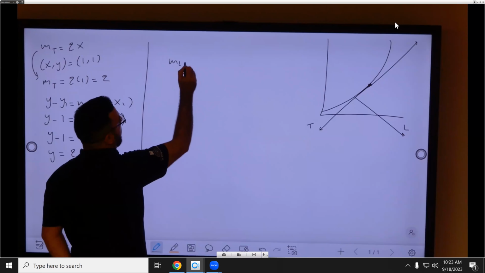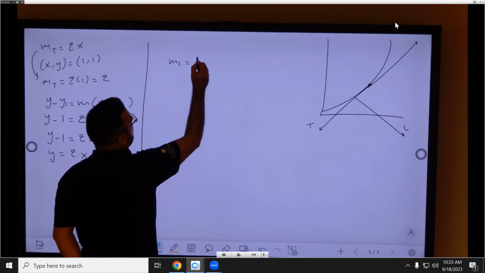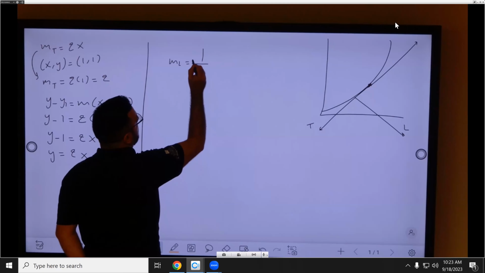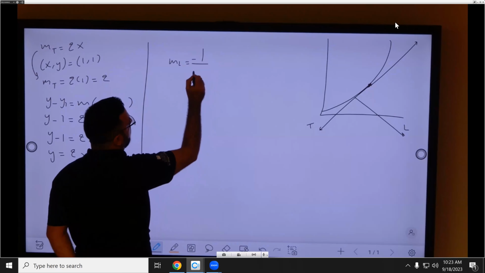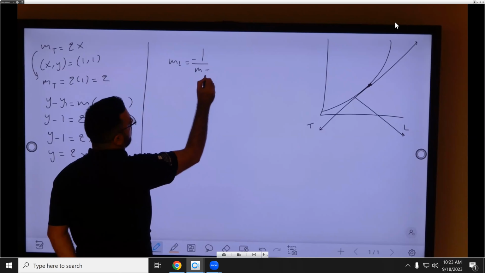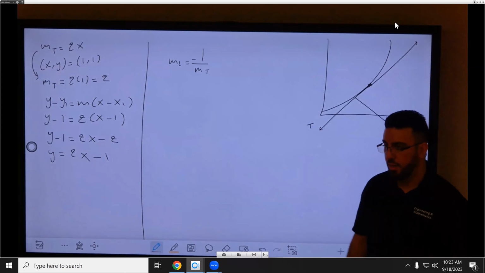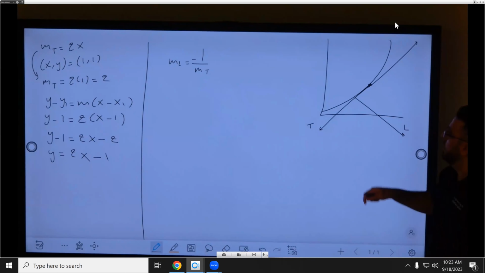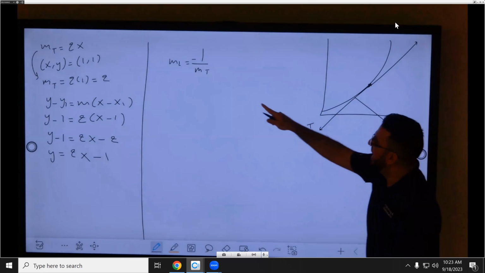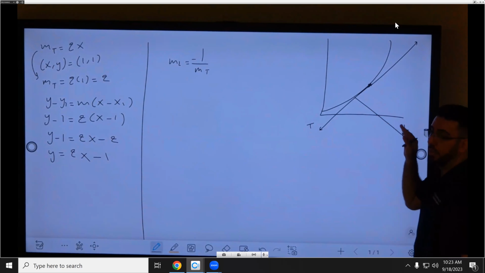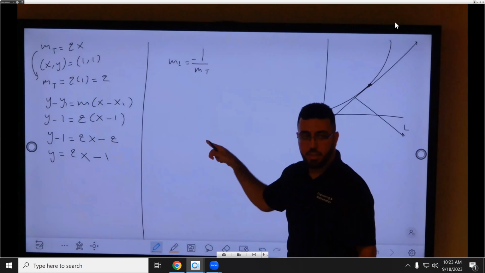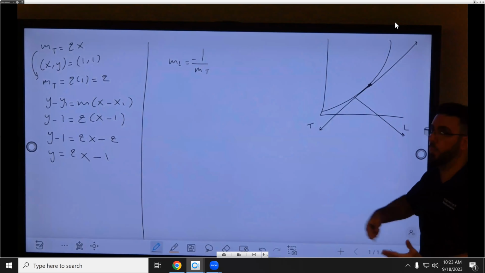for the line is going to be -1 over the slope for the tangent line. Okay? That's the only difference, because it's going to be perpendicular. You're not gonna get an example like this, but I'm just showing you the difference.